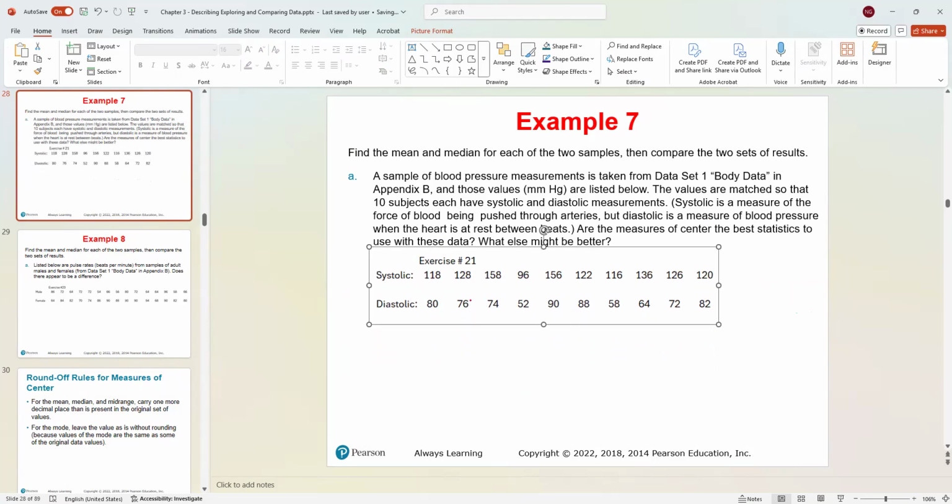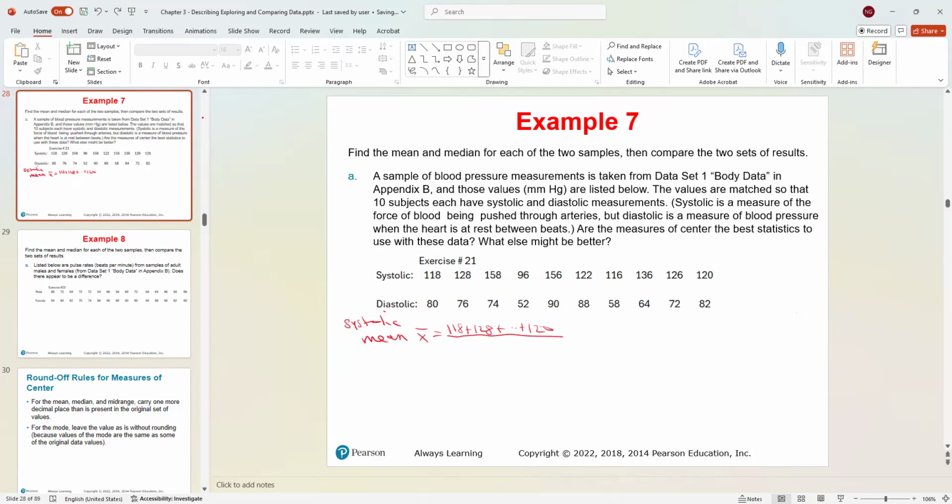Well, for the systolic data set, because we try to do both of them, let's do the systolic. Remember the mean, x bar: we need to add all the data, 118 plus 128 plus, until you get to 120.